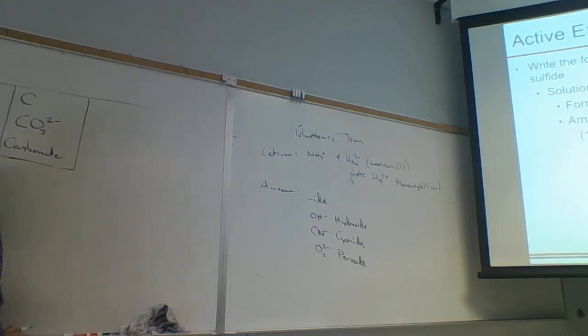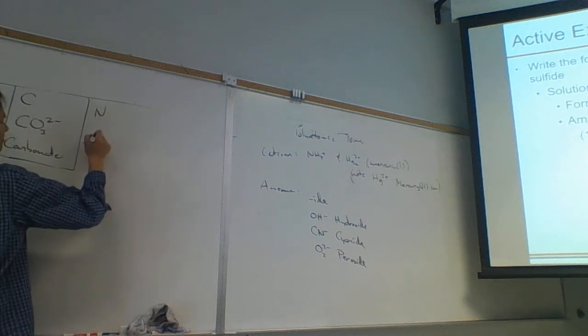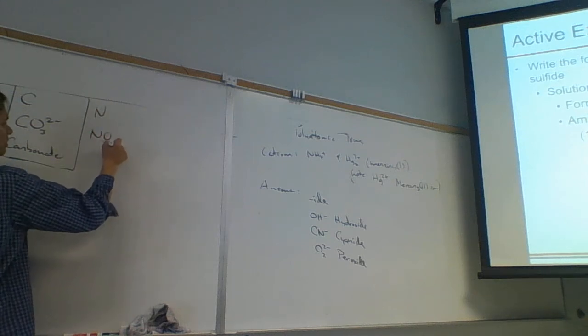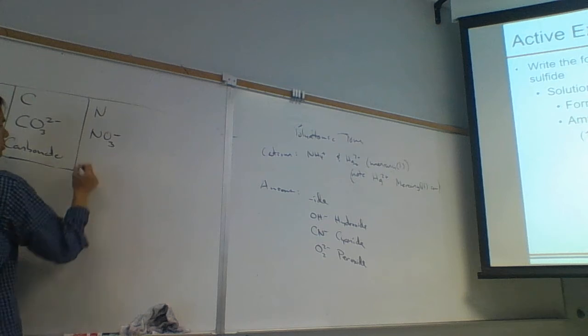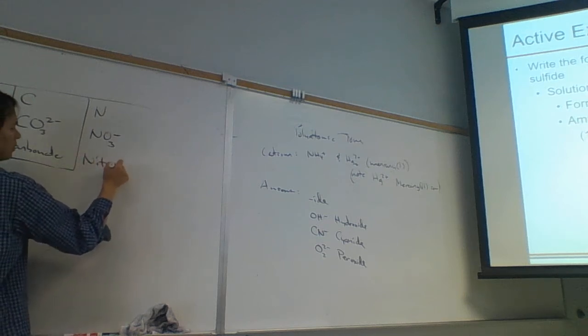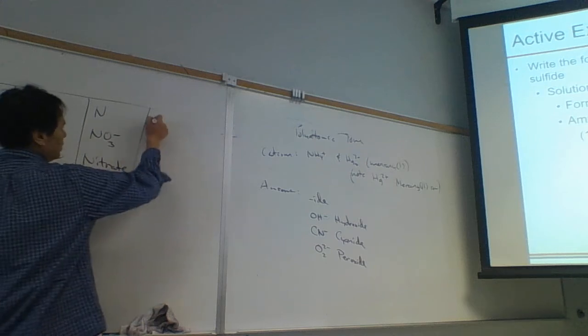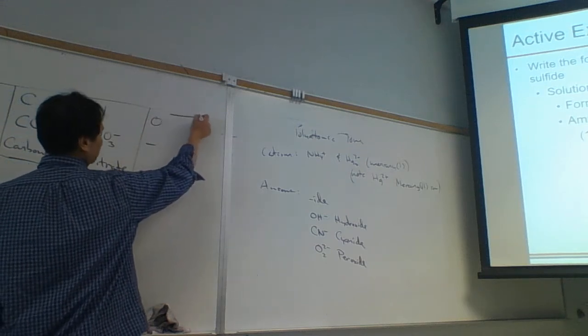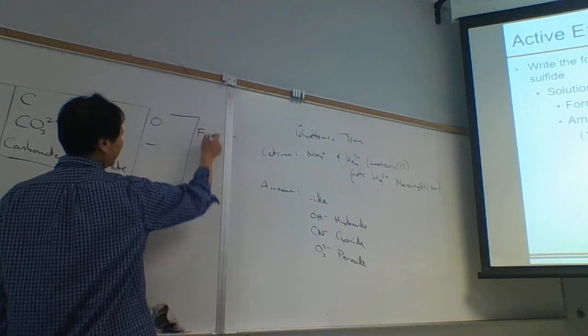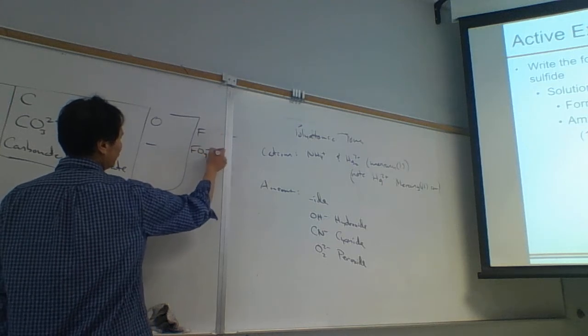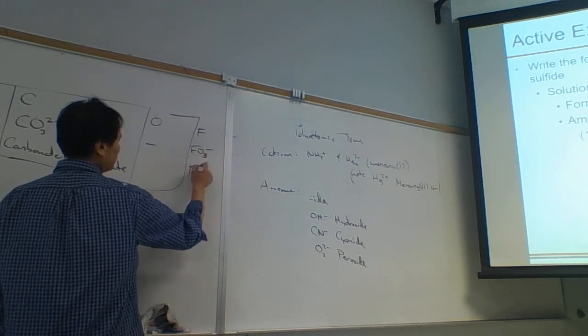And then after carbon comes nitrogen. We have nitrogen with 3 oxygens and a negative charge, which we call nitrate. And then we have an oxygen here, but we'll leave that blank. And then we have chlorine here. We have something called ClO3 with a minus charge.